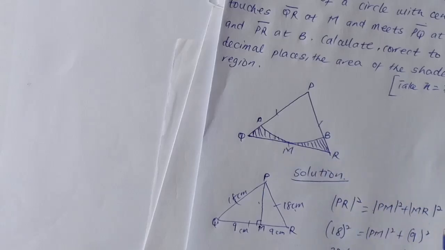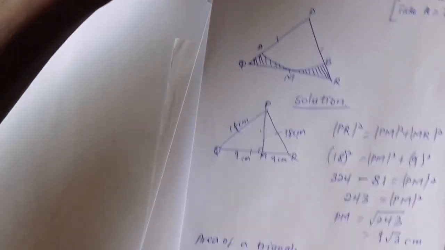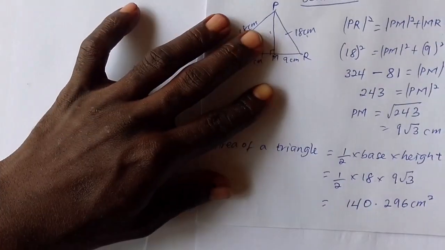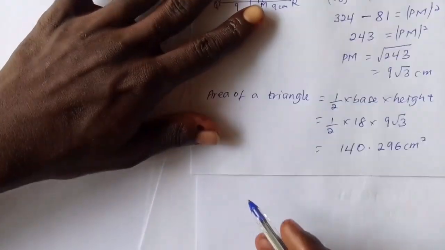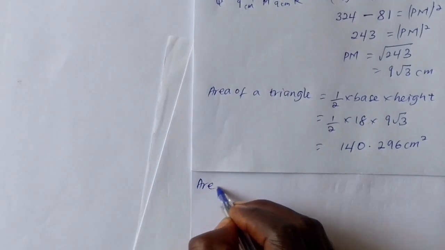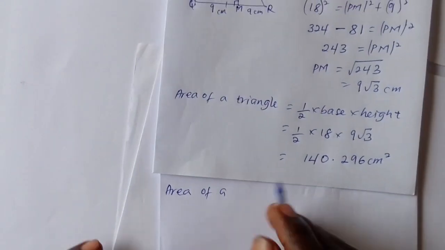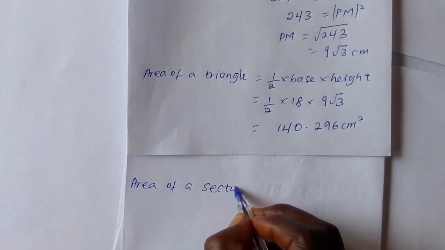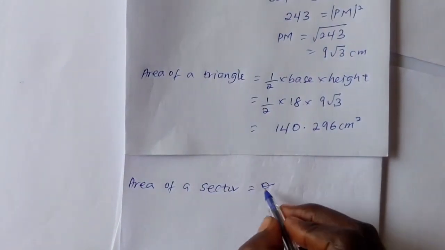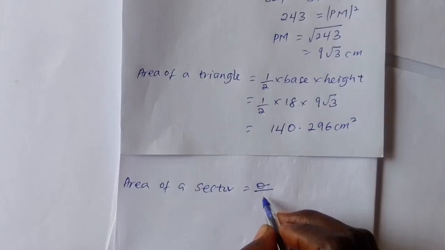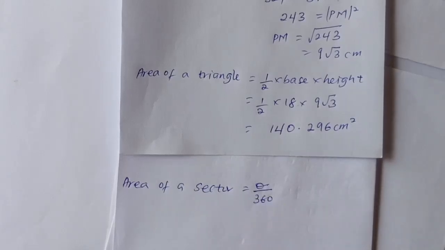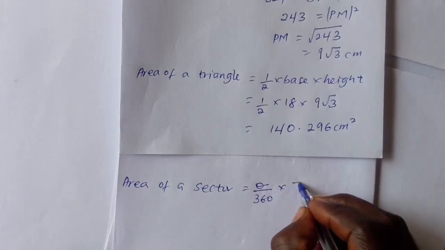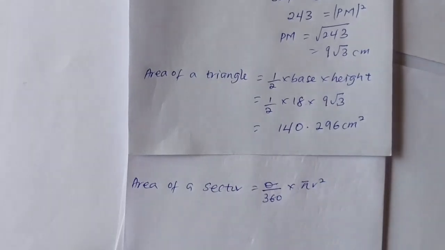This is a sector PAB. Now what's the formula for the area of a sector? So let's put that one down. Area of a sector is theta over 360 multiplied by pi r squared.